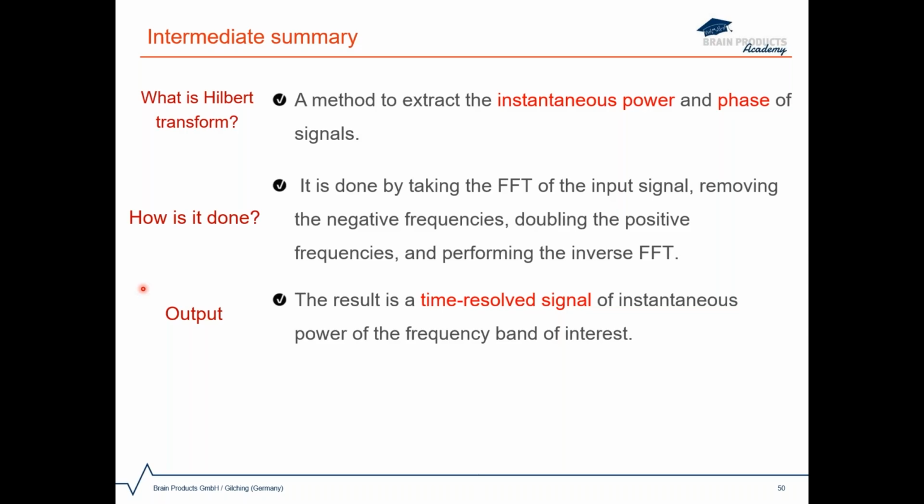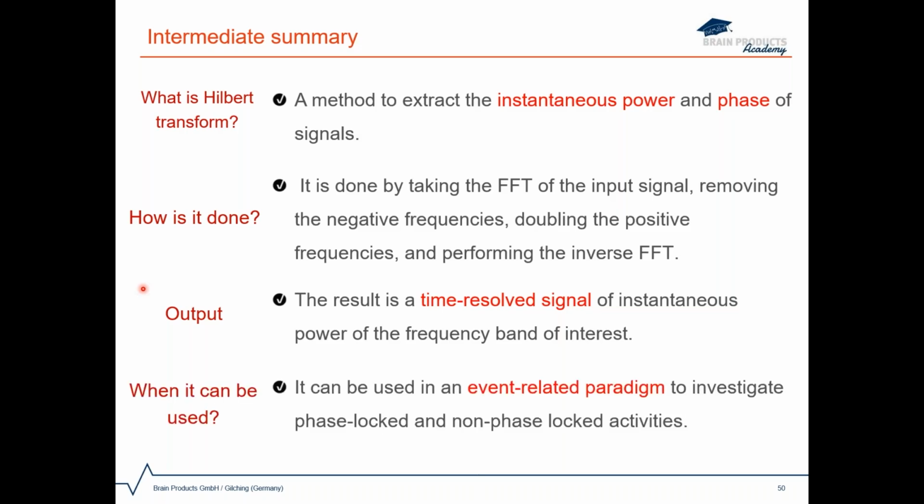The result of Hilbert Transform is a time-resolved signal of instantaneous power of the frequency band of interest. Like Wavelet Transform, ERS, ERD, and complex demodulation, it can be used in an event-related paradigm to investigate phase lock and non-phase lock activities.